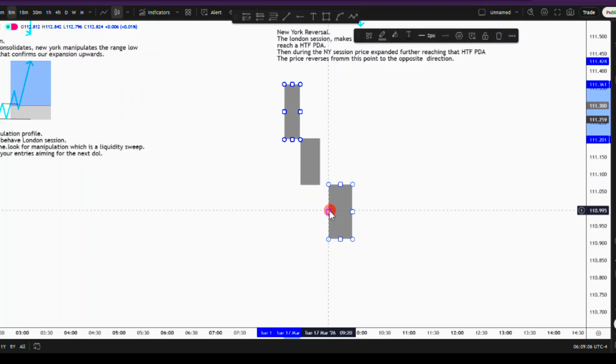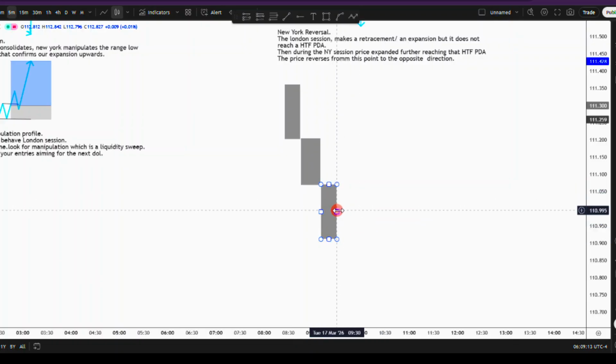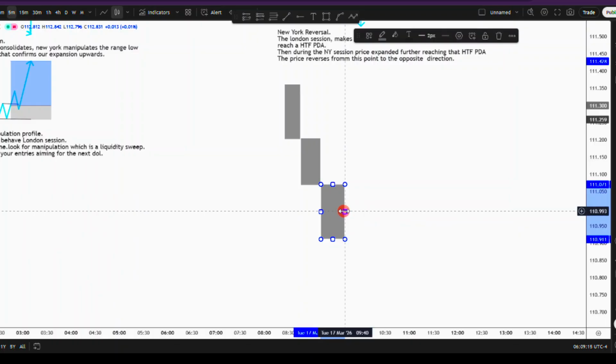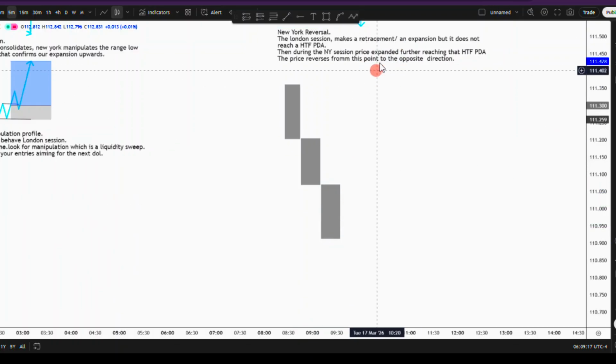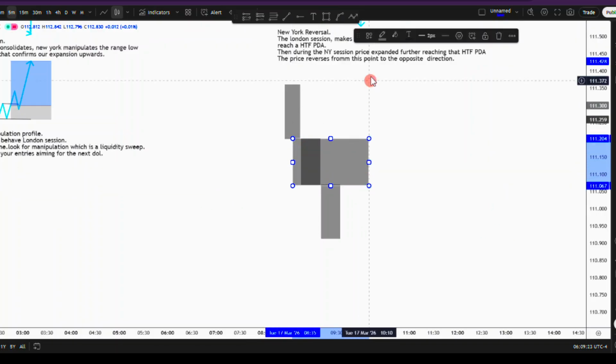From a daily perspective, we have this, this is our higher time frame, and then we have this fair value gap here.